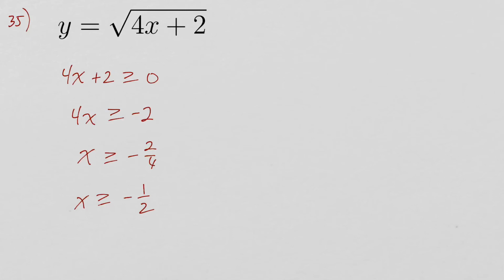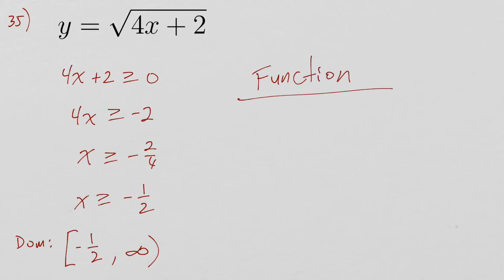Well, we go from -1/2 all the way up to infinity. That's the domain. Is this a function? Well, it is a function because there is no one single x that you could plug in that would produce two different y's. So it is a function.